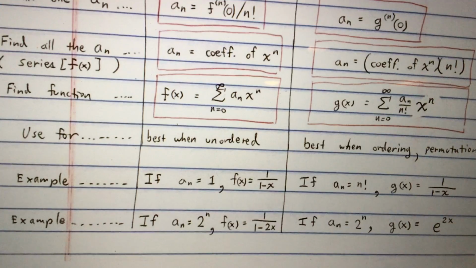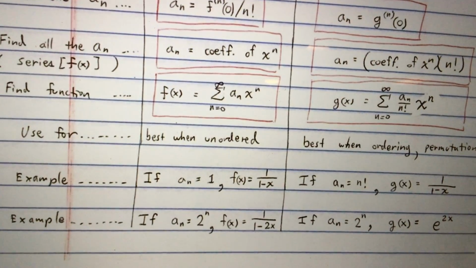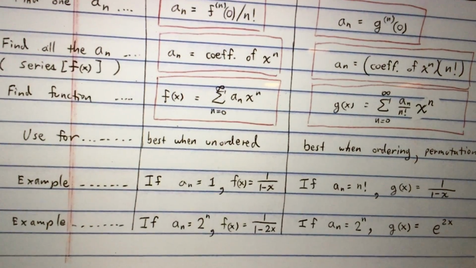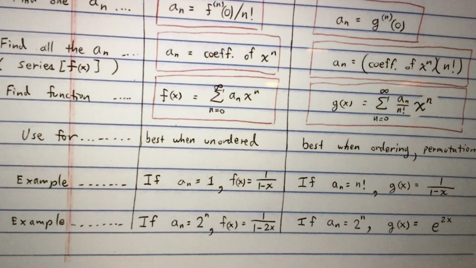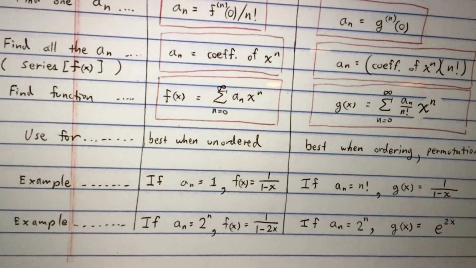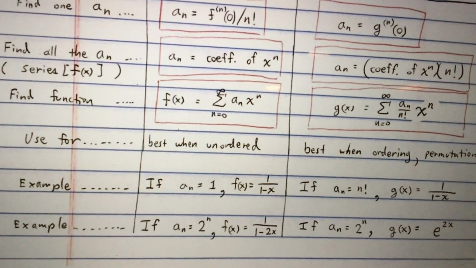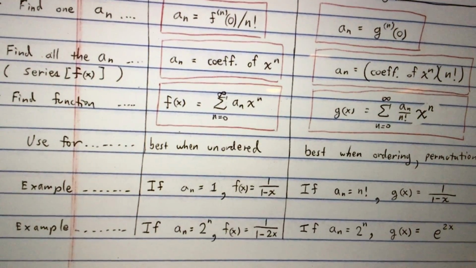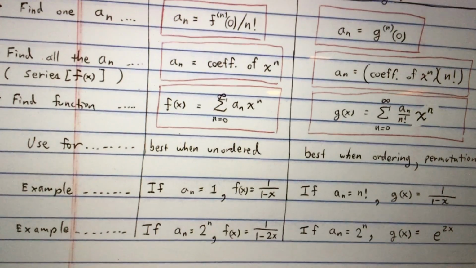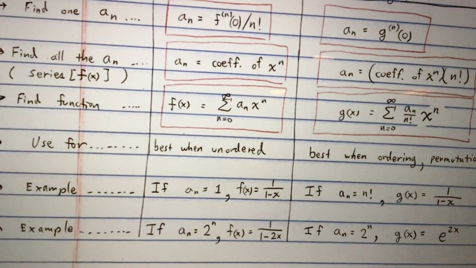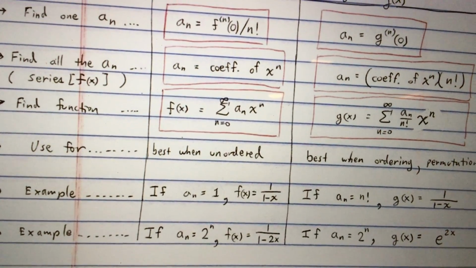And then sometimes you can get a nice function for both of them using the same a sub n. For instance, a sub n equals 2 to the n, those powers of 2. If you put that into the ordinary generating function definition, you can collect the 2x and make it all to the n, and then it's 1 over 1 minus 2x. But if you put it into the exponential generating function, it's e to the 2x.